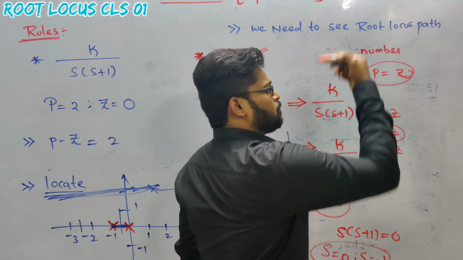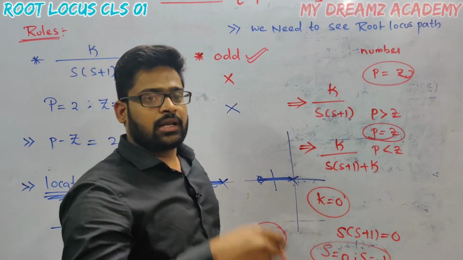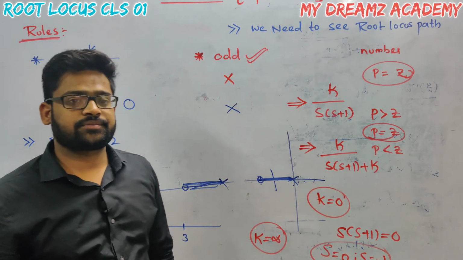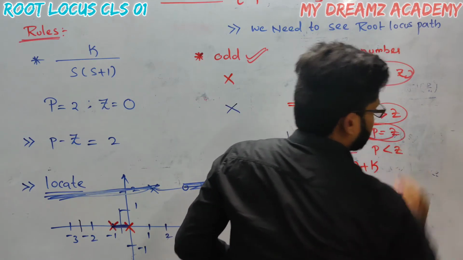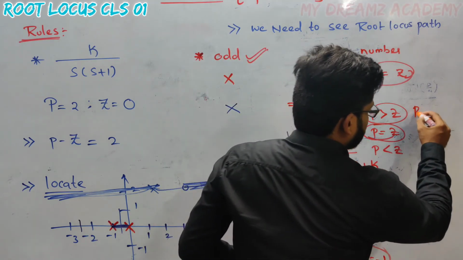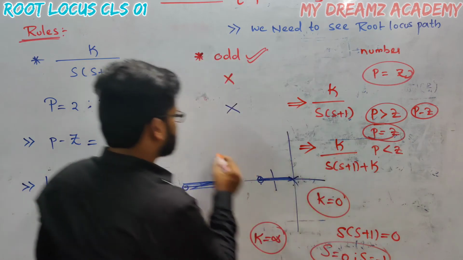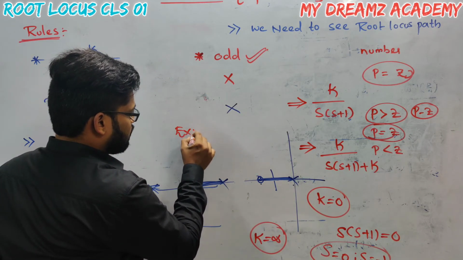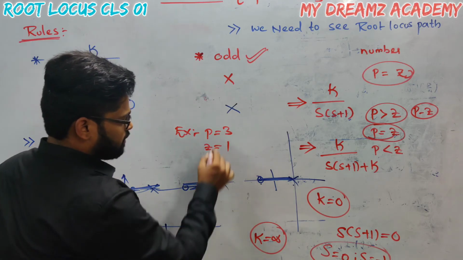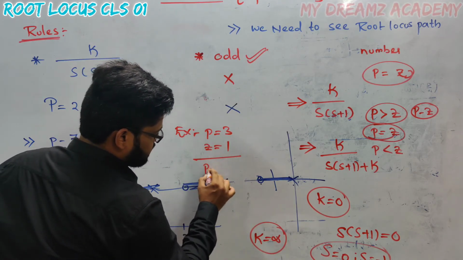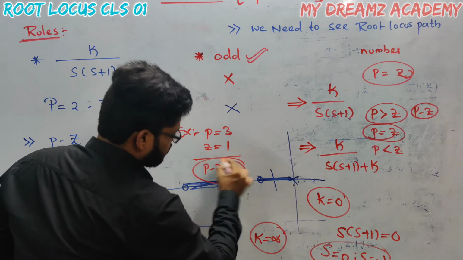If the number of poles is greater, the number of zeros is less. So we need to find P minus Z. Let us consider one example. If P is equal to 3, Z is equal to 1, P minus Z is equal to 2.